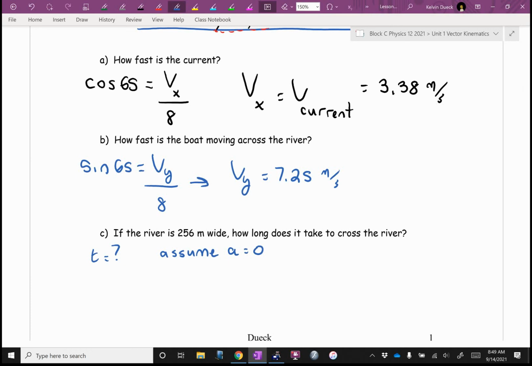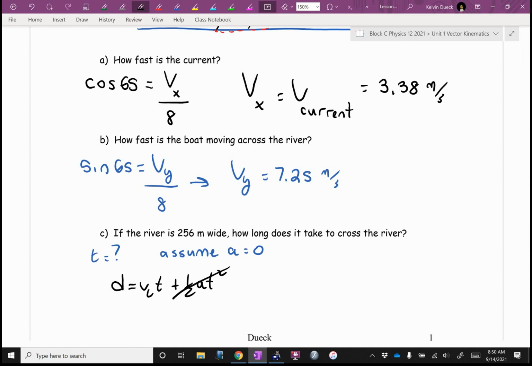It's overkill. So for the river question and the airplane question, you can assume a is 0, which means d equals v_i t plus a half a t squared, and the a is going to vanish. Remember that from last year? We'll be doing a review of these equations tomorrow, but I'm sneaking it in right now.